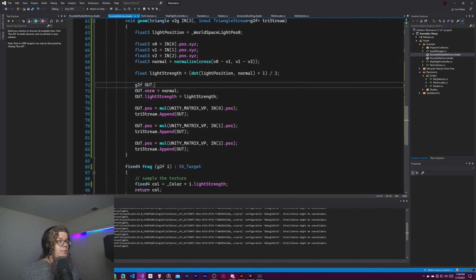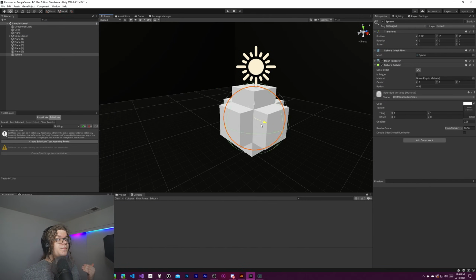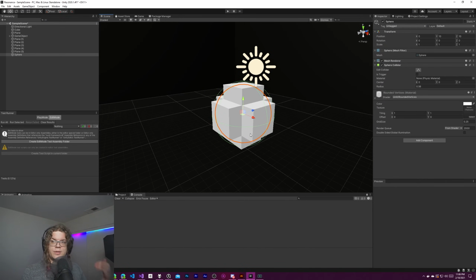And then we have our 3 positions, and we can just set those. So we don't need to keep resetting the normal because it's not going to change. And we should get the same thing. So we just cut out 4 extra lines of code because they weren't needed. They were just duplicates.